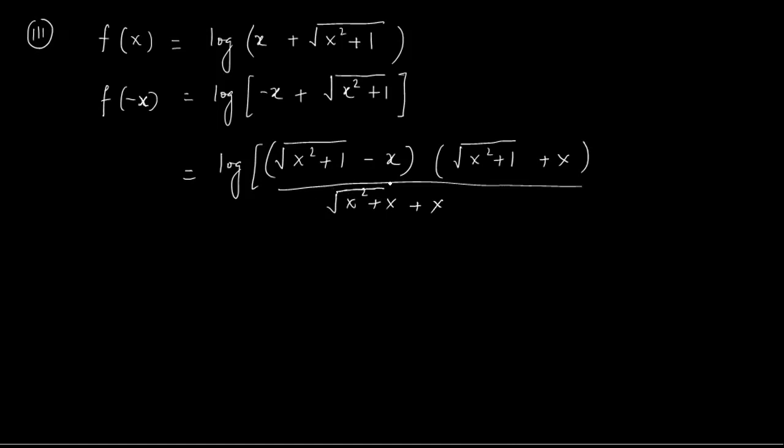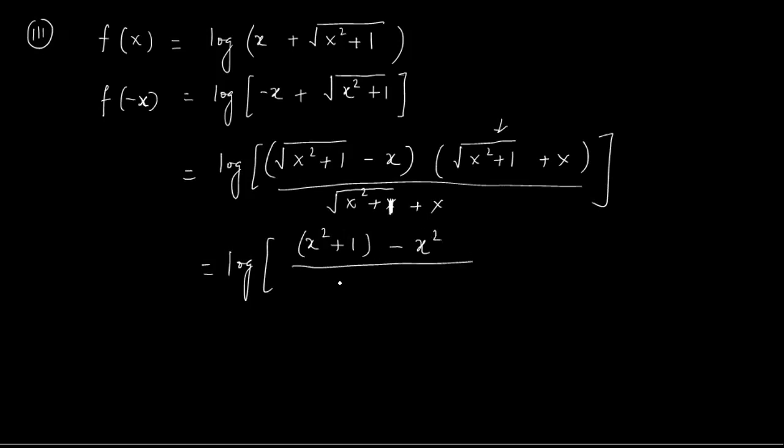Now our numerator becomes, let us use (a minus b)(a plus b), where a is square root of x square plus 1. So we can rewrite this as x square plus 1, because the square of square root of x square plus 1 is simply x square plus 1, minus x square, upon our denominator, which is simply square root of x square plus 1 plus x.